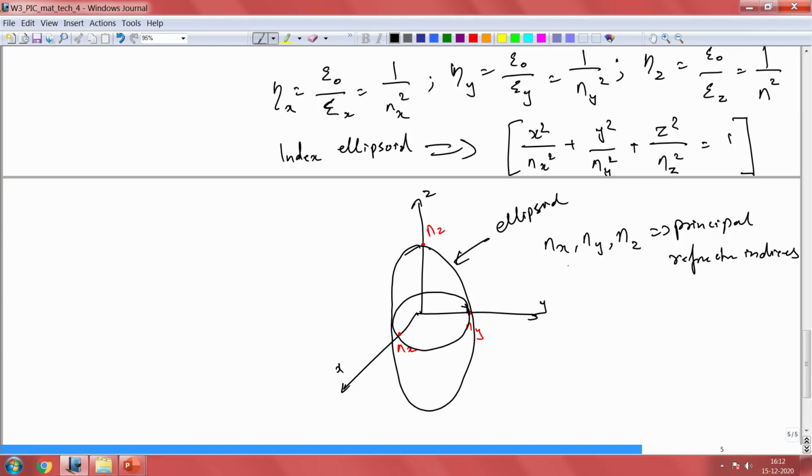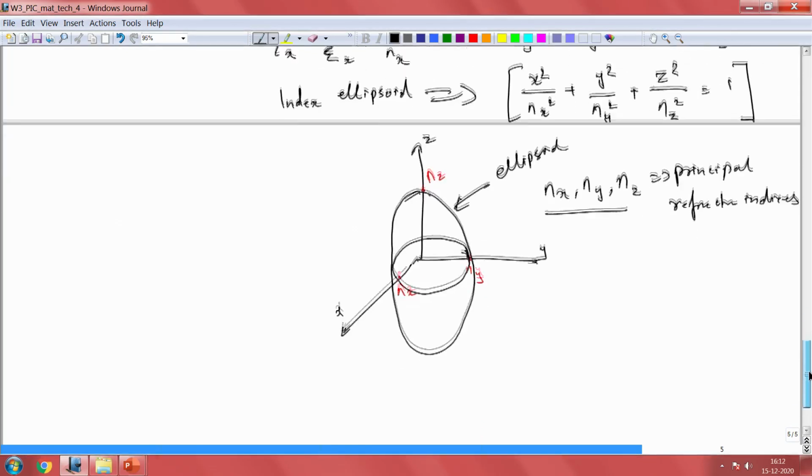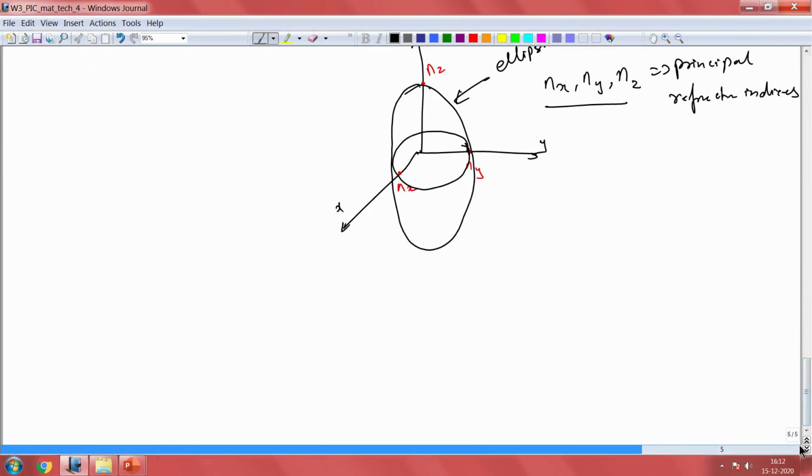In that case your principal refractive indices will change, perhaps to new values, depending on the orientation that you move. So one should keep that in mind when doing this transformation. With that understanding, let us look at how light propagation could be understood through this anisotropic medium.